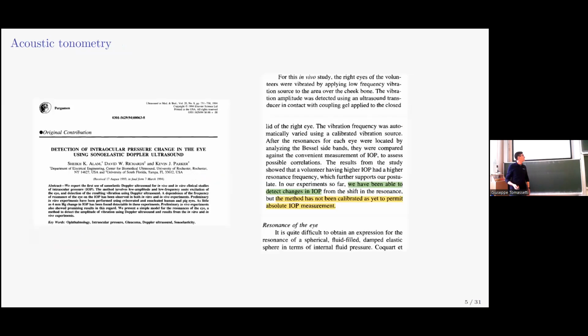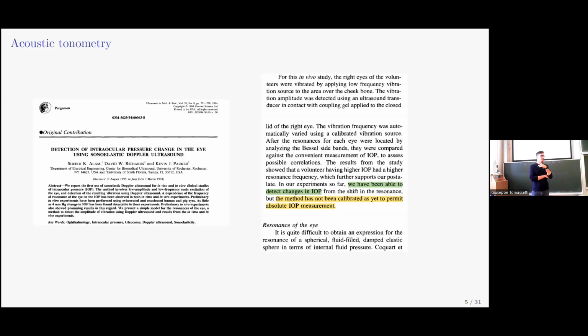And so, this is an idea that goes back to the 90s. Suggestions have been made that it would be possible to infer the pressure within the eye by measuring its resonant frequencies. I don't know if someone has ever tried to inflate a balloon.